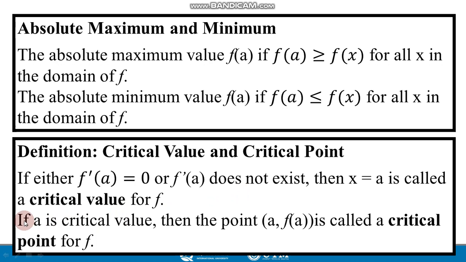And if a is a critical value, then the point a, f of a is called the critical point of f. So here, this point is called the critical point. a is the critical value and f of a also. This point is called the critical point.